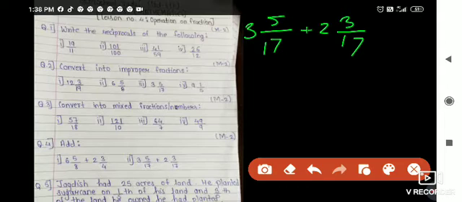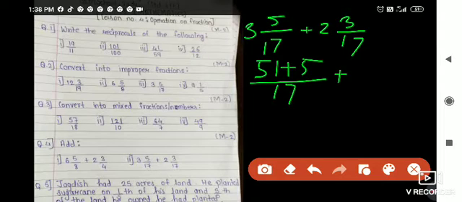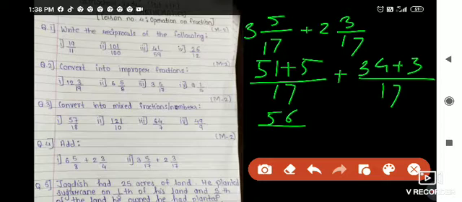So 3 times 17 is 51, plus 5 upon 17, plus 2 times 17 is 34, plus 3 upon 17. Now 51 plus 5 is equal to 56 upon 17, plus 34 plus 3 is equal to 37 upon 17.